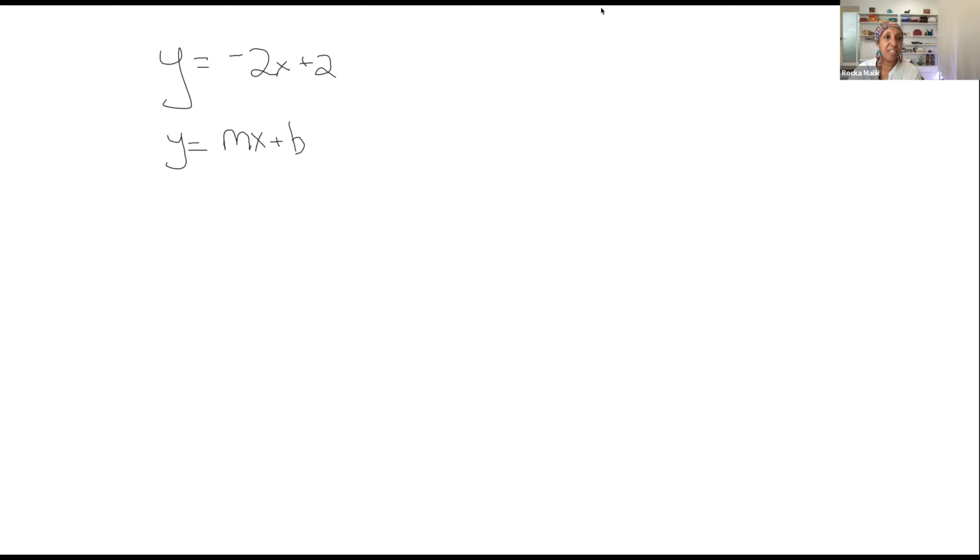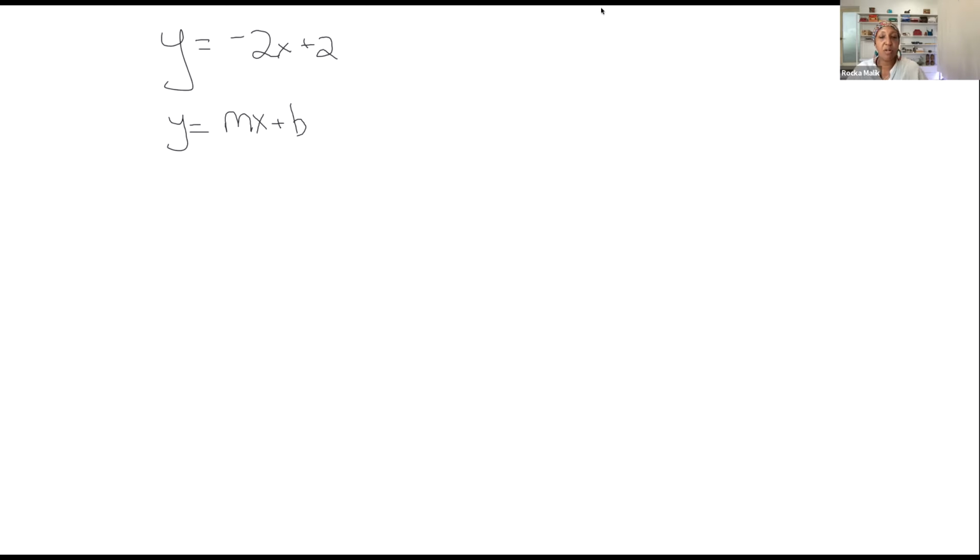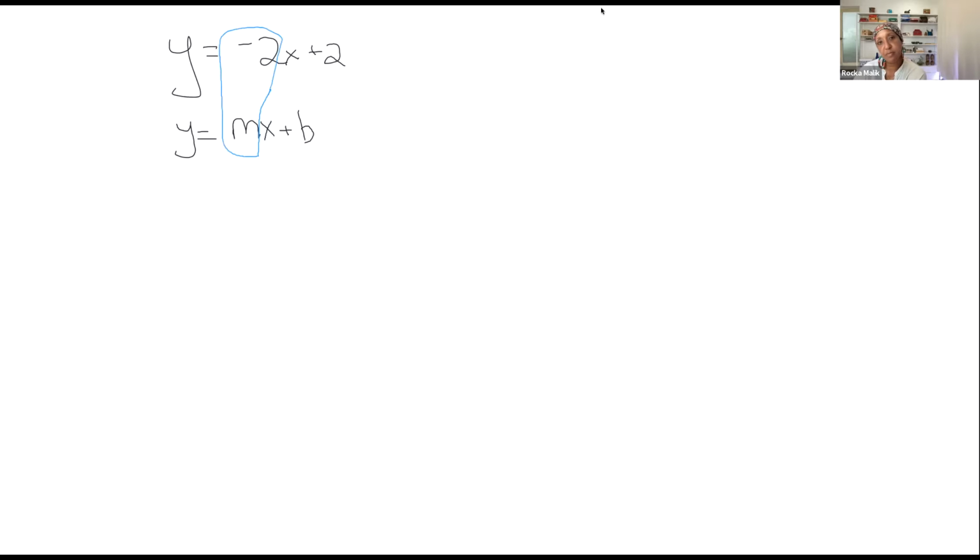Okay, so it's in this format already. All I need to graph, because we just did this, is a point and the slope, or I can have 2 points. But since it's already set up for us in slope-intercept form, I see that my slope is -2, which means my line is going to be, am I driving uphill or downhill?